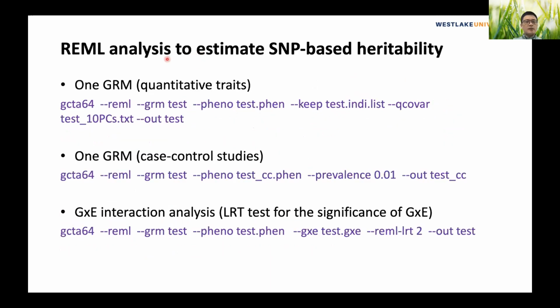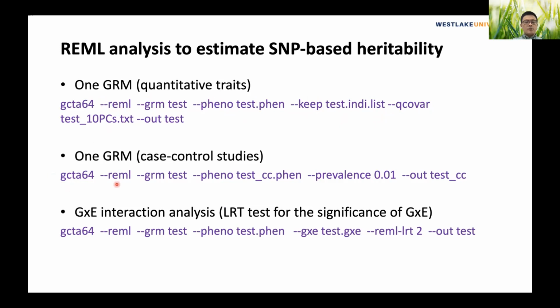Once you have the GRM, then you can run a GREML analysis by typing this command, basically the flag --reml to input the GRM and the phenotype file. And we also have other flags, for example, to include a specific set of individuals or some covariates. In this case, we have 10 PCs included as covariates.